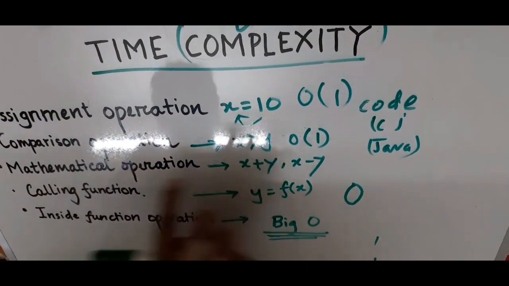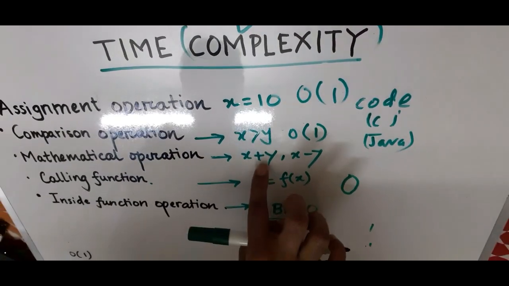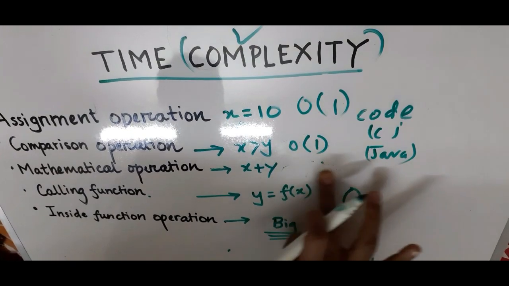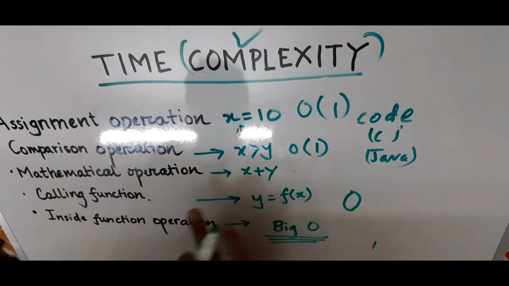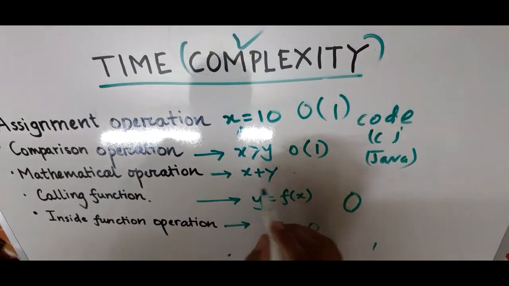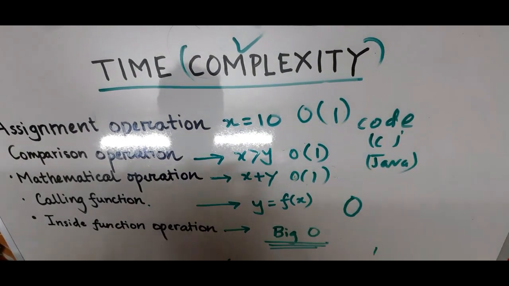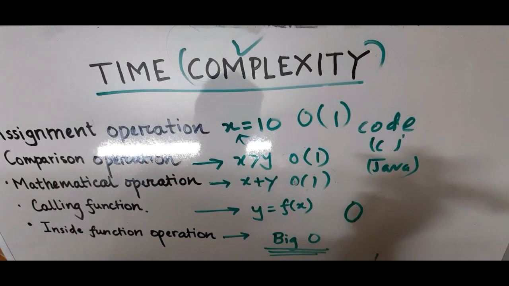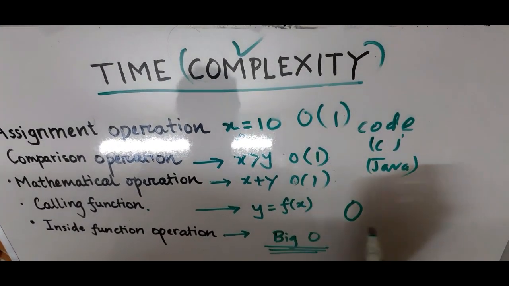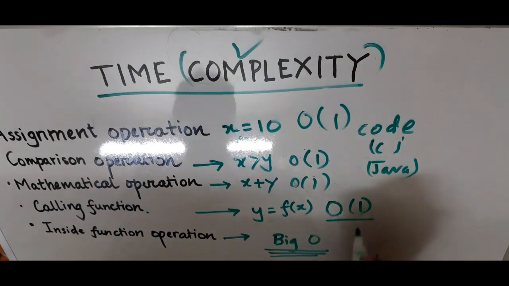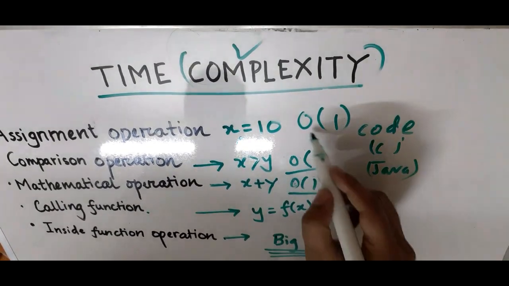The same goes for this mathematical operation as well, this plus and minus. When we are performing a mathematical operation, the complexity should be big O of 1. And when we are calling a function, the complexity of this one should also be big O of 1.